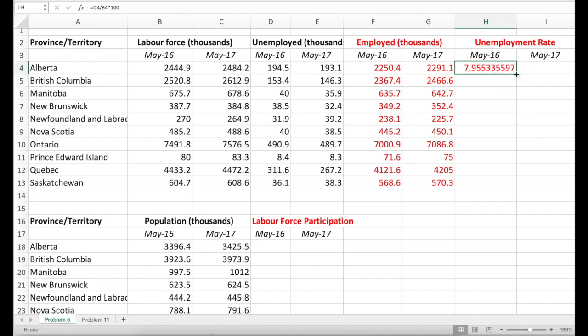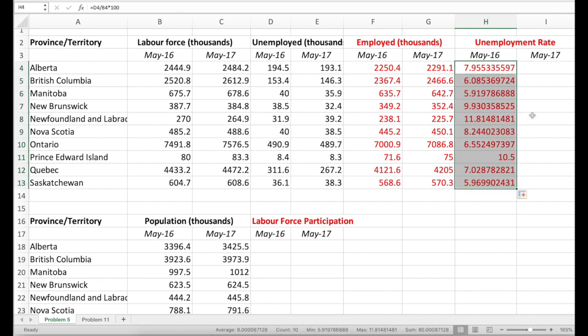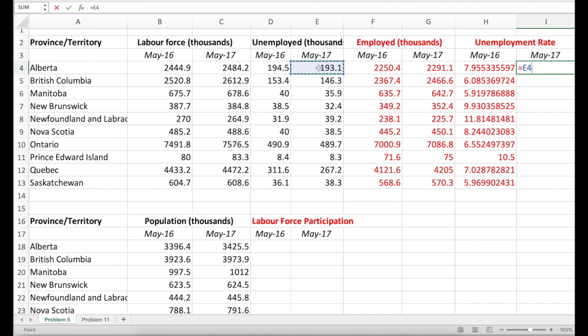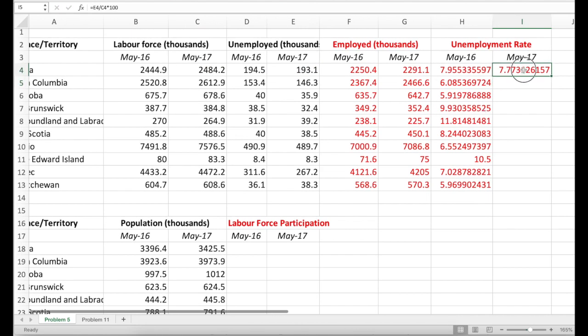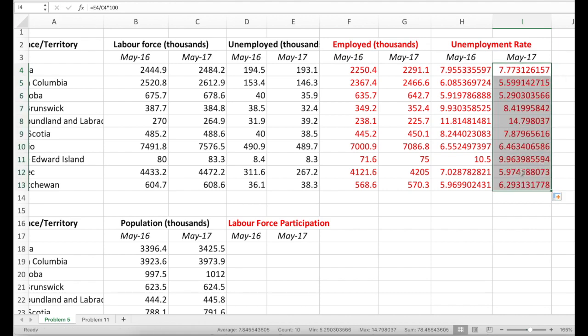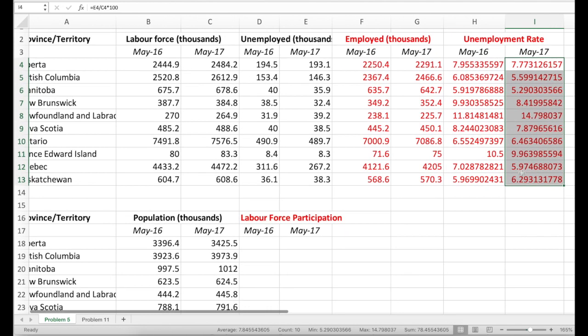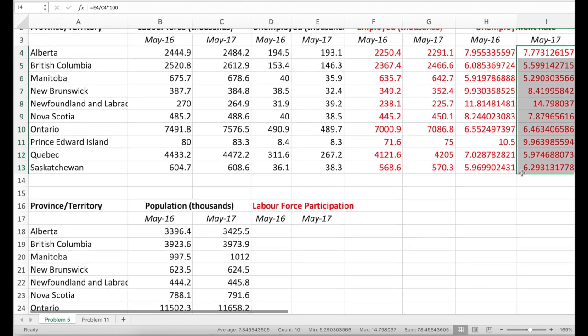And I'm going to just copy and paste this formula for the other provinces as well. Let's do that for 2017. The unemployed people in the numerator divided by people in the labor force times 100 will give me the unemployment rate. So this is the unemployment rate for Alberta in 2017. And I copy and paste that formula downwards to get the unemployment rate for other provinces.